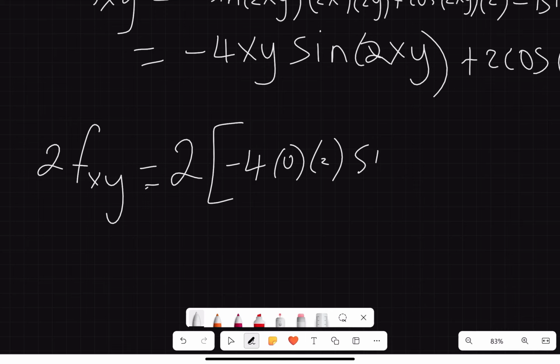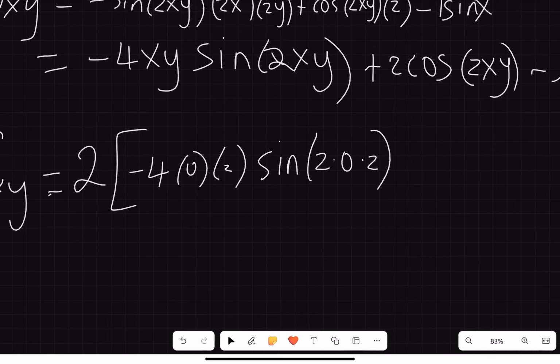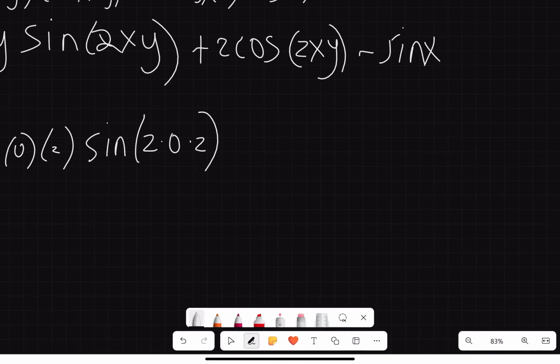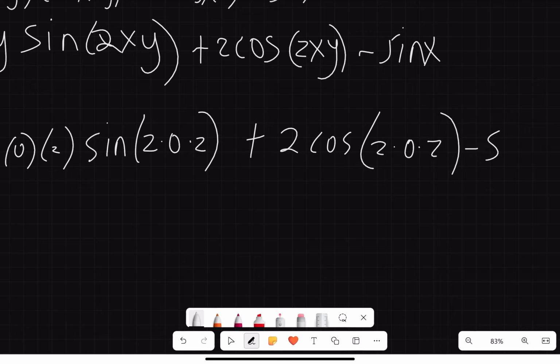Then we have sine 2 times 0 times 2, and let's keep on going. We have plus 2 cos 2 times 0 times 2 minus sine 0.